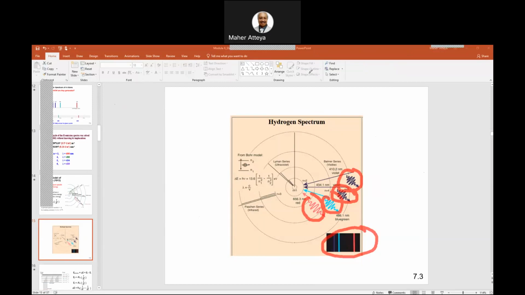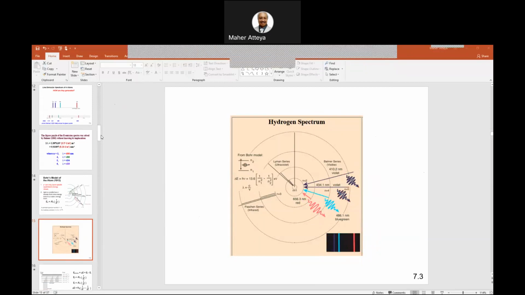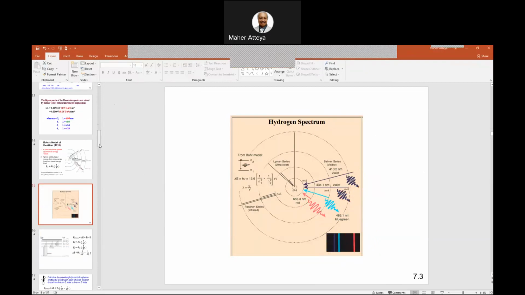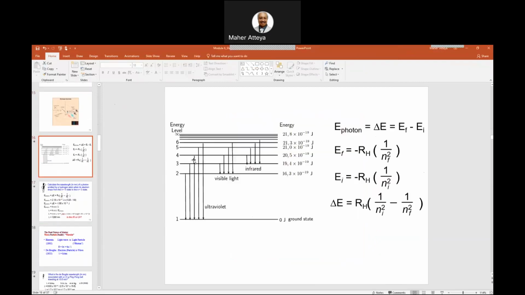That's what it's really all about: going back down to their original place. By going to the original place, they emit the energy they have. That's another example of how to calculate. This is just a general thing. In the visible light, that's what we see.